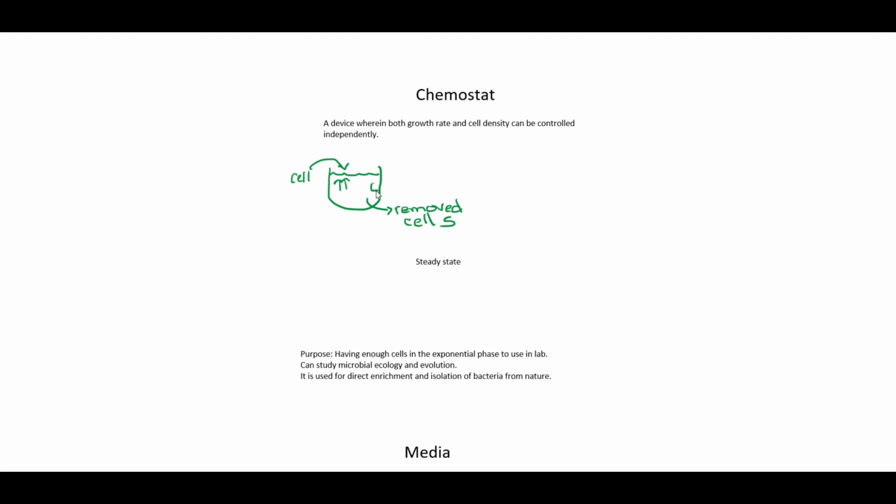And then we also have in here limiting nutrients, and that can be carbon, or it can be like a nitrogen source.